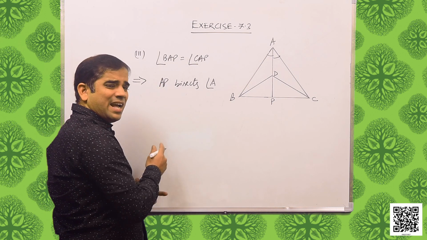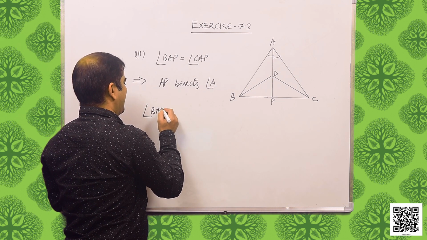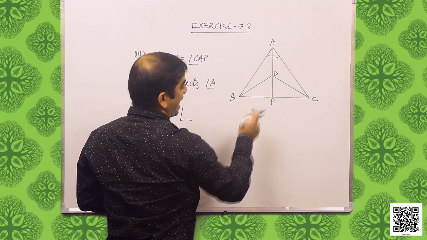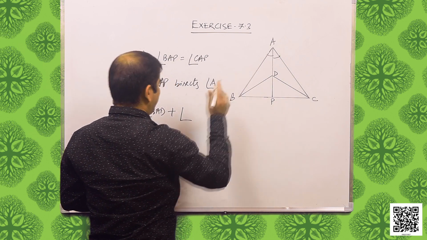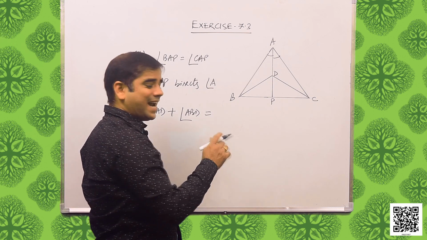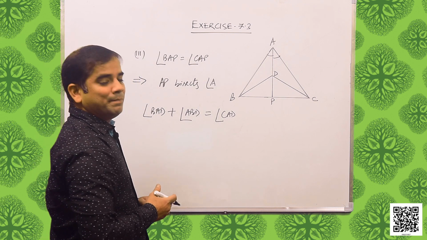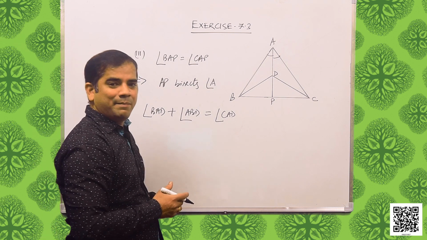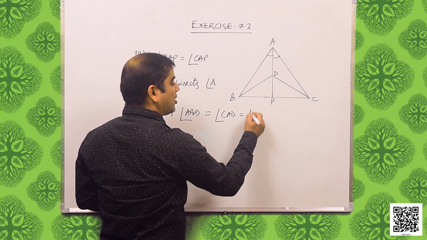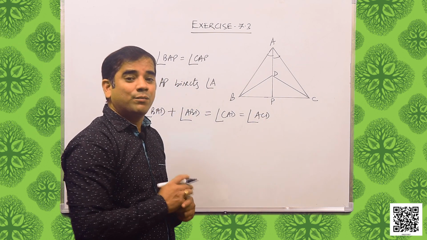Also, what we have got? Angle BAD plus angle ABD is equal to angle CAD, or it is also equal to angle ACD, which we have already proved.